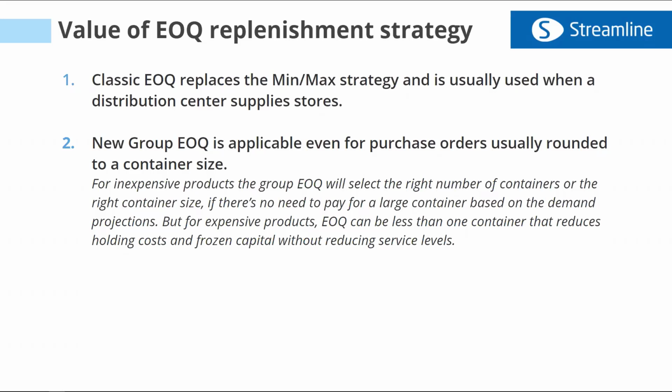And despite reorder points may happen at any time, we can transfer needed goods from our distribution center to our stores anytime because it's our distribution center. So classic EOQ, which is also available in Streamline for individual items and min-max strategy, can be used for distribution center and stores. But the group EOQ, which works in conjunction with order cycle constraint and container size, can be used for purchasing of group of items.